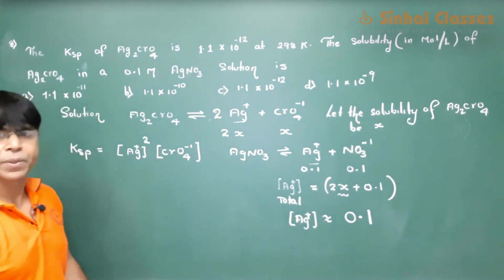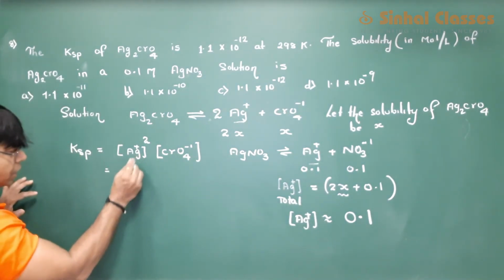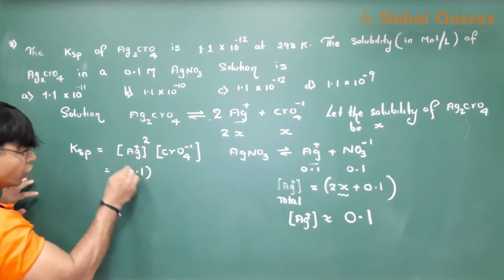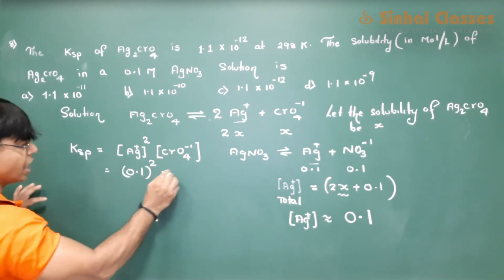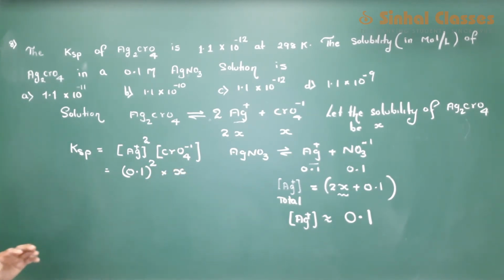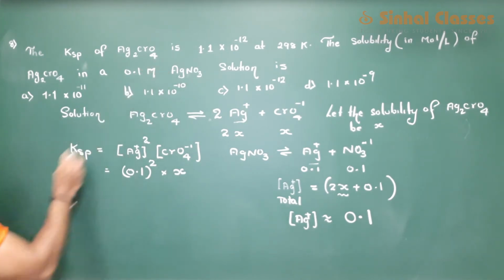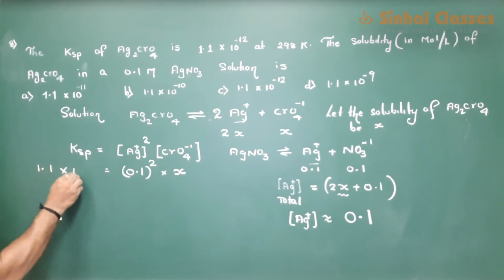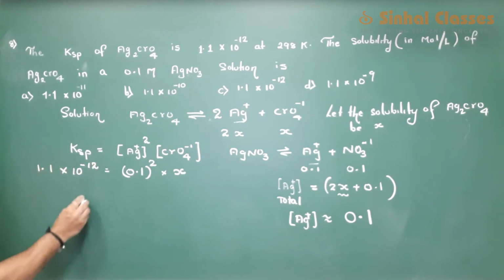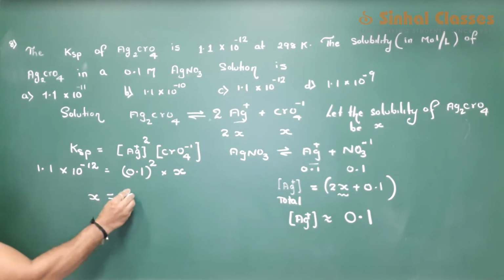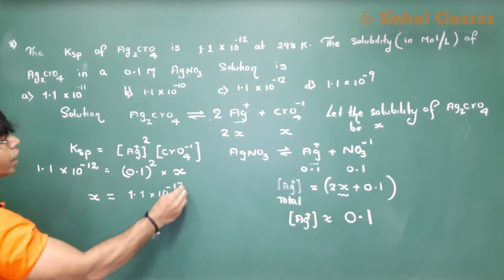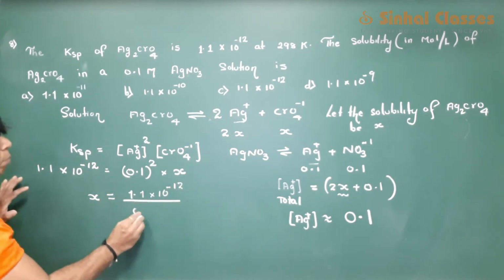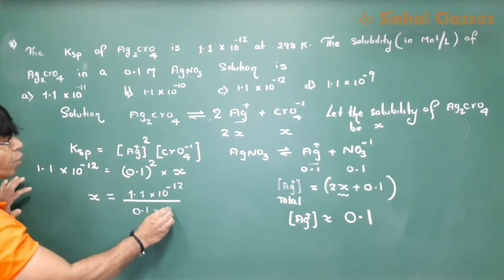So for the concentration of Ag plus, I am writing 0.1 squared into x, the solubility of chromate ion, CrO4 2 minus, and Ksp is given as 1.1 into 10 raised to minus 12. After solving this, x will be 1.1 into 10 raised to minus 12 divided by 0.1 into 0.1.